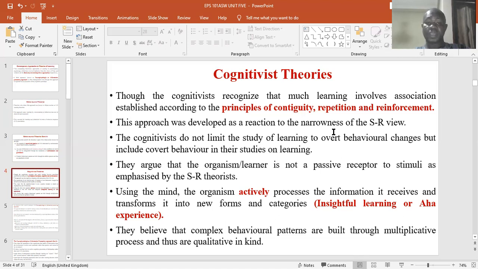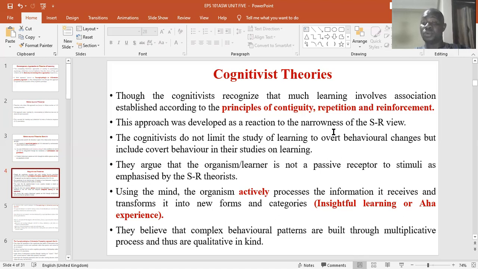With them, they recognize that much learning involves association established according to the principles of contiguity, how close they are, repetition, how, what do you call it? They are supporting the view of the behaviorists, rather. They accept the fact that we associate things for learning to occur. And again, when we continuously repeat issues, learning occurs.